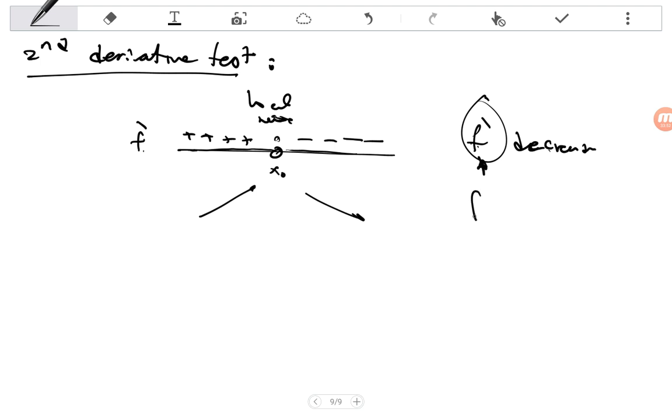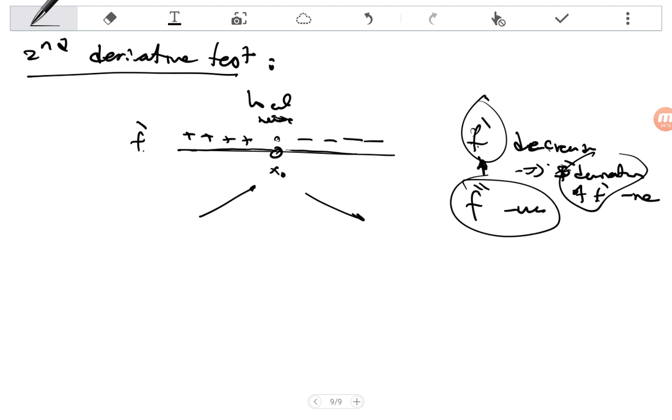It is the second derivative. So I am saying here that the derivative of f dash is negative, and the derivative of f dash is just f double dash. It means that f double dash is negative.